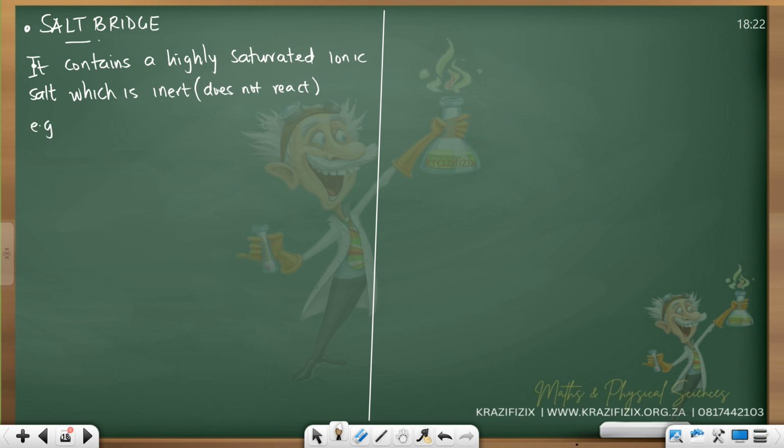For example, sodium chloride. These are the two main ones that we should be using: sodium chloride or sodium nitrate. And I'll tell you when also to use, but basically sodium and potassium there. All right. What is the function of the salt bridge?